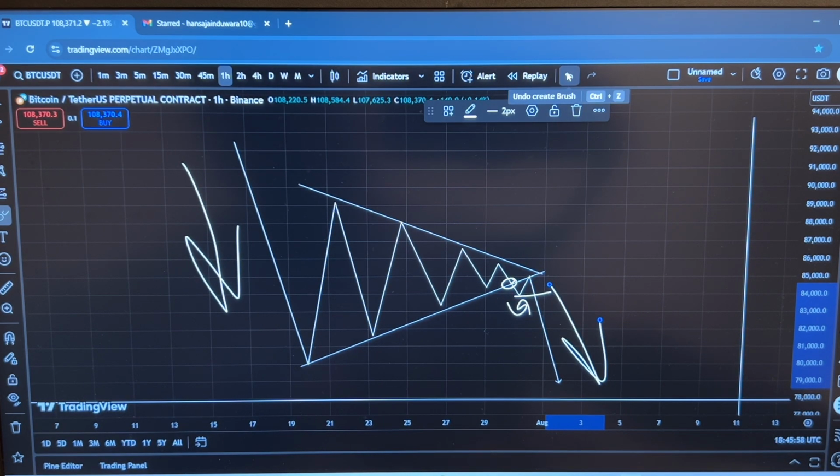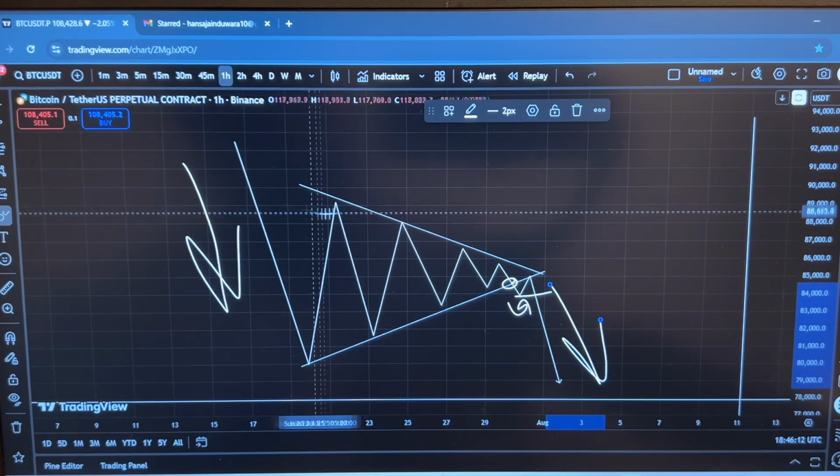Basically, the TP levels and everything are extremely easy in this case because I have taught you guys how to use Fibonacci, and we are going to use Fibonacci retracement to find the TP levels.